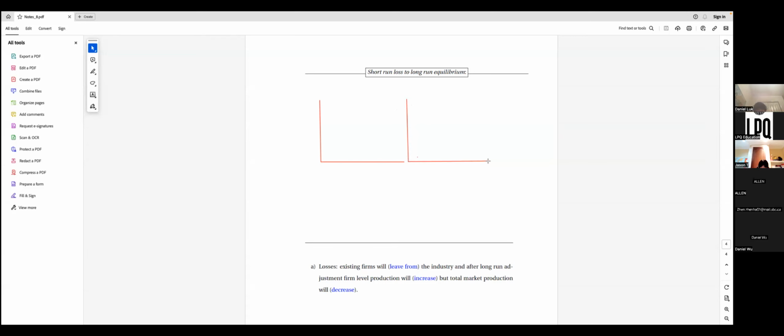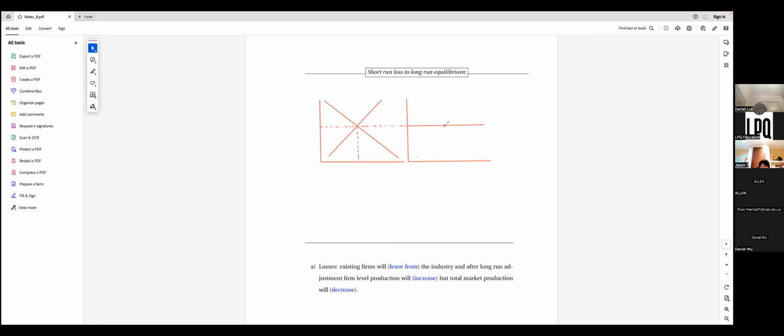Once again we build the long run equilibrium graph. What else?